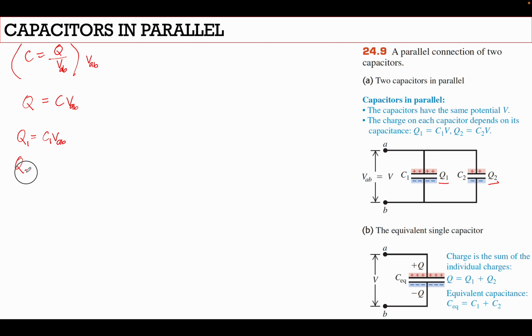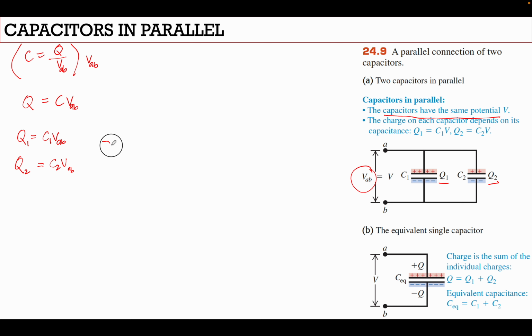And for Q2, we have C2 times VAB. Because the potential difference from point A to point B for these two capacitors is the same, what changes is only the value of the capacitance and the charge, Q1 and Q2.